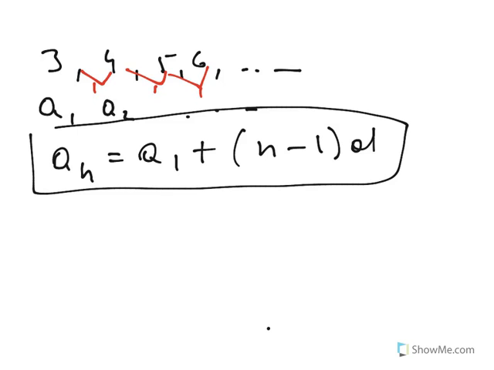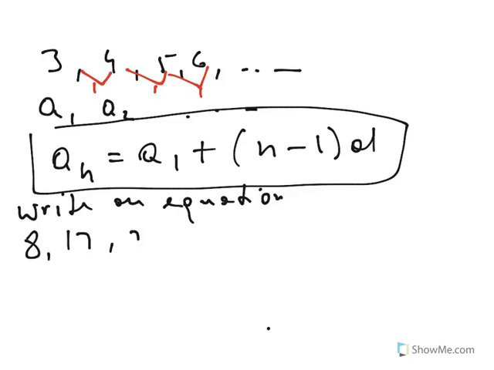So we are going to see an example now. How can we write an equation for the nth term? The question here is: write an equation. And it's giving you a sequence 8, 17, 26, and 35.